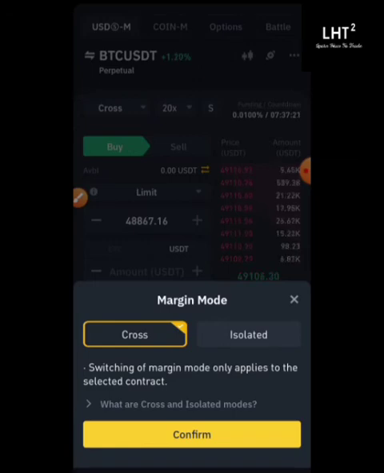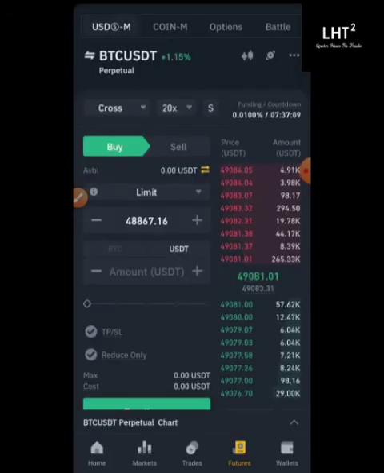If you're losing, know that this is the particular amount you're losing. If you're making profit, know that you used this particular amount to make this particular profit. So that's basically everything on cross and isolated margin and the leverage. I know with this full explanation I've given, you now understand what I mean when I say cross and isolated margin, and what I mean when I say leverage.